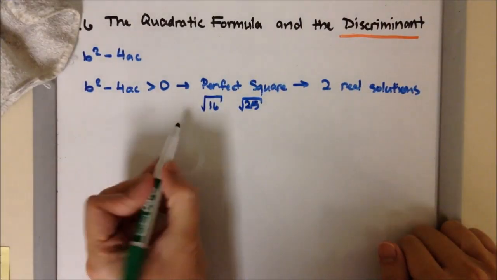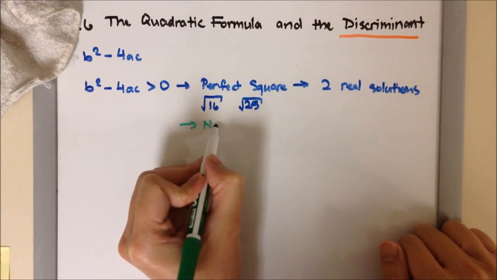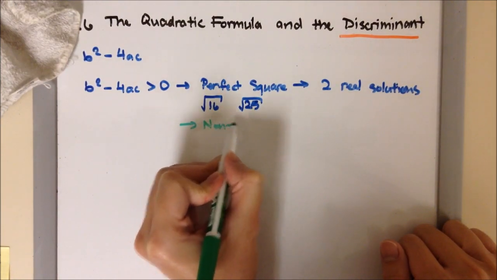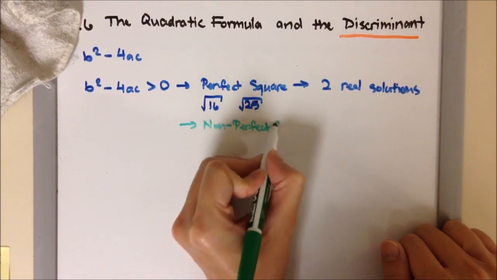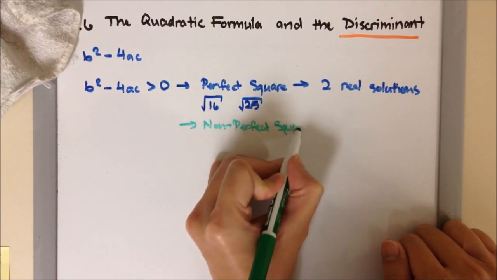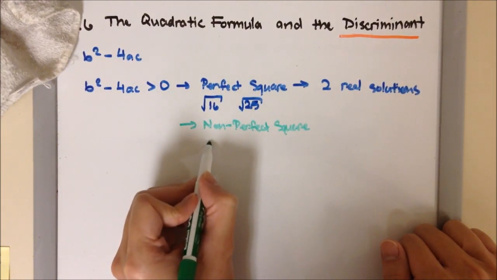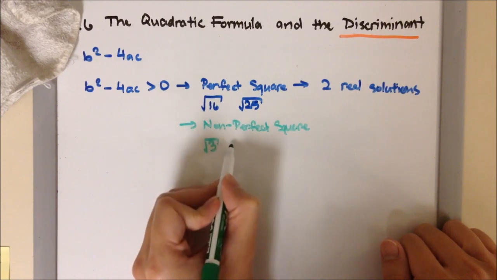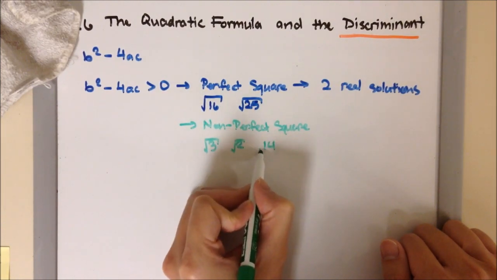Now the next part is when you have non-perfect square roots or non-perfect squares. A non-perfect square is like, for example, the square root of 3, the square root of 2, or the square root of 14.